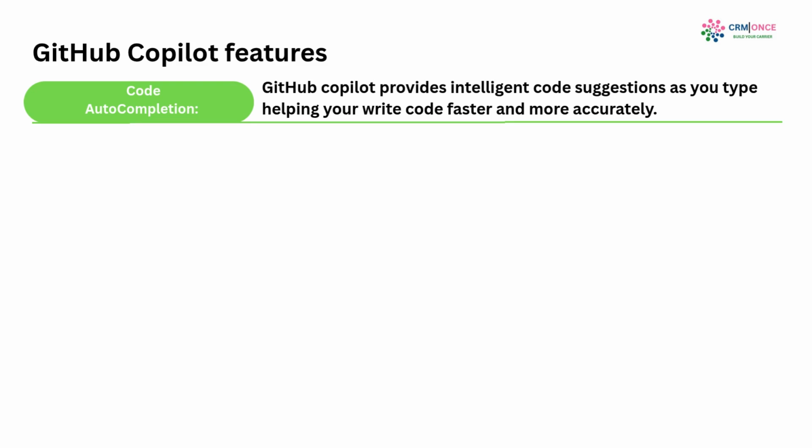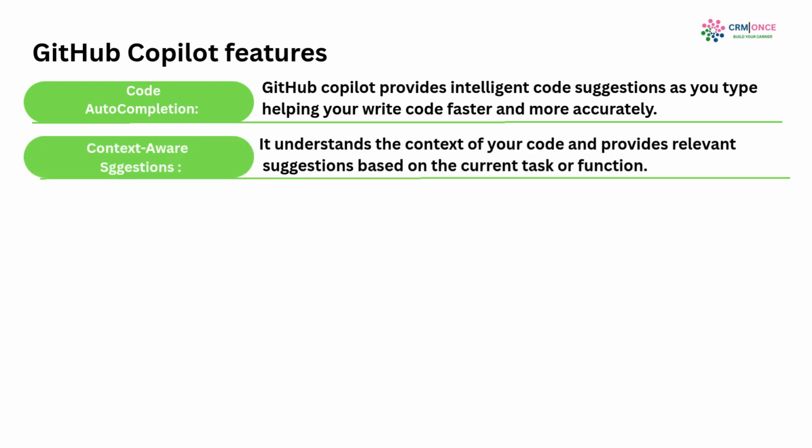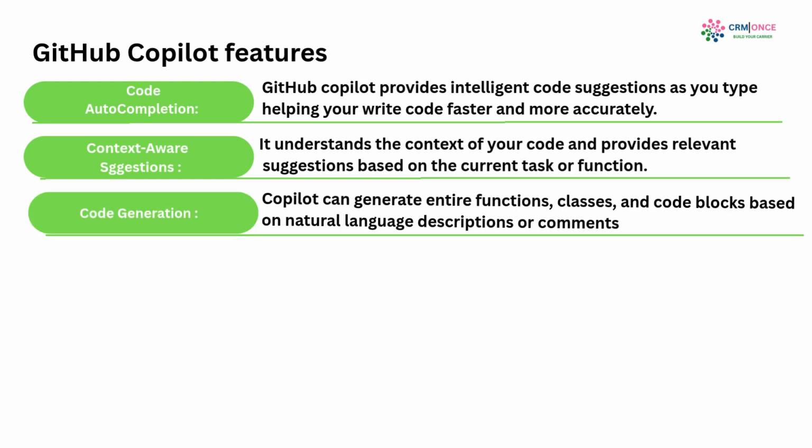Key features of GitHub Copilot. Code auto-completion: intelligent, real-time suggestions that help write code faster and reduce syntax errors. Context-aware suggestions: understands what you're working on and tailors suggestions accordingly. Code generation: can generate functions, classes, or entire blocks of code based on natural language comments or prompts.